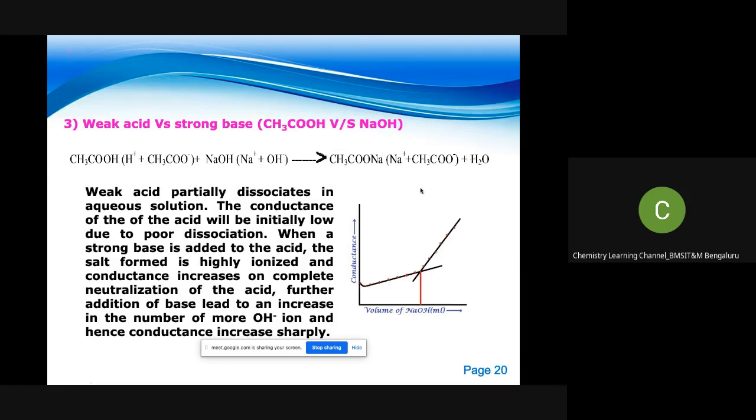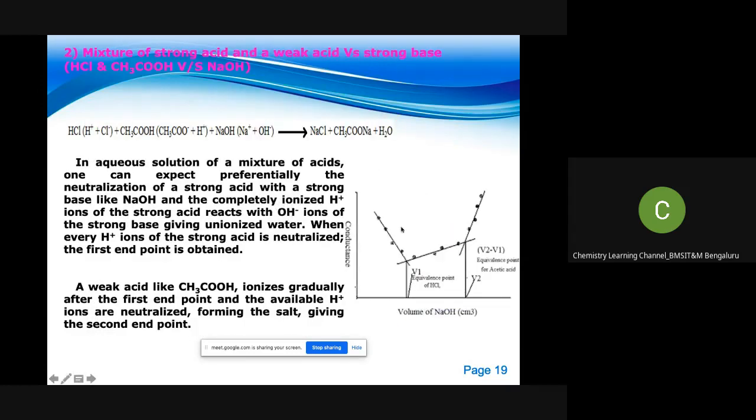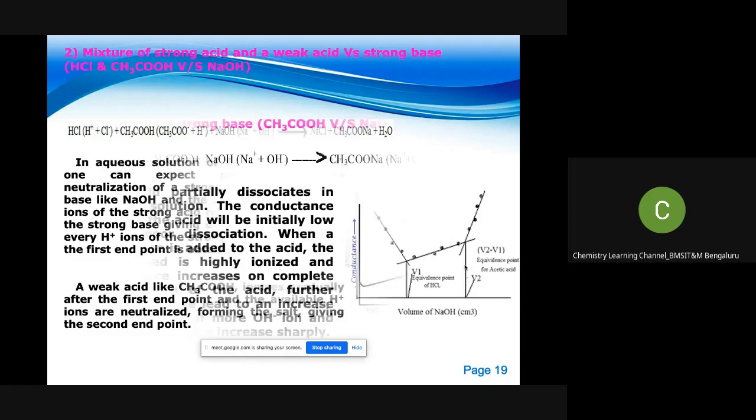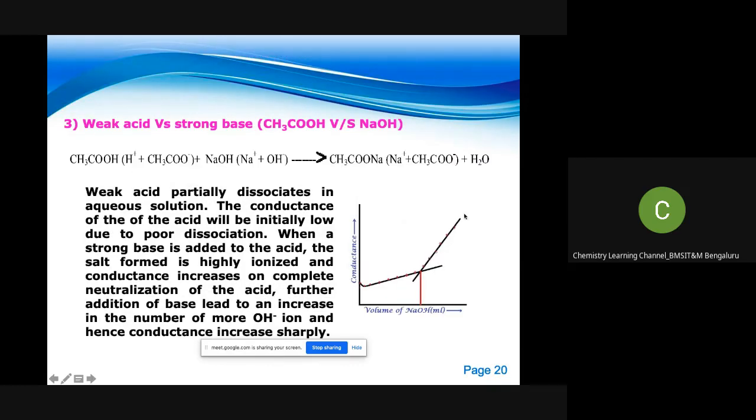So the same explanation as in the previous case we saw, right? So leave this part. This is due to the formation of sodium acetate, and this is due to the addition of excess NaOH. So only this part will be observed in this case. Here in the graph, only the second phase and the third phase, only the second line and the third line, are observed. And the explanation is the same.